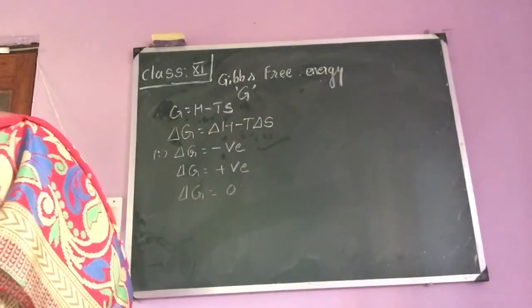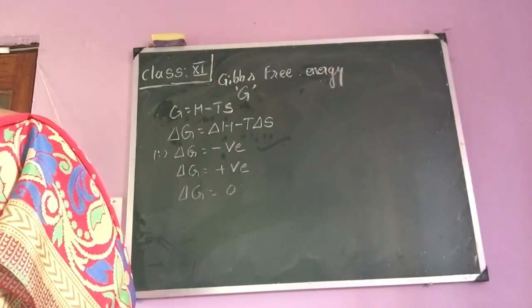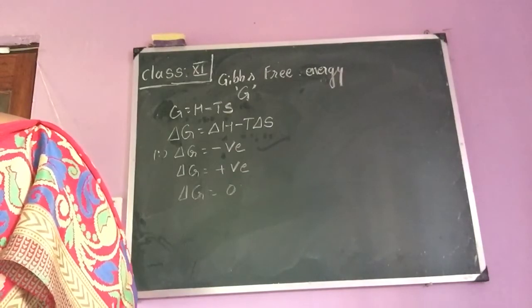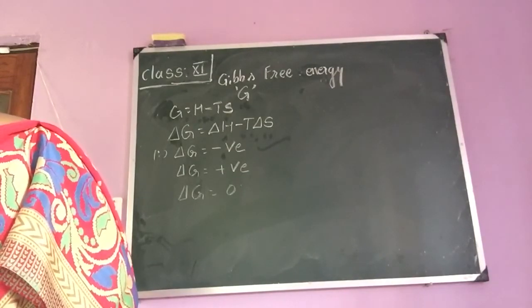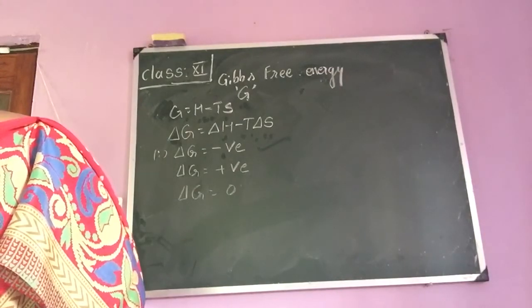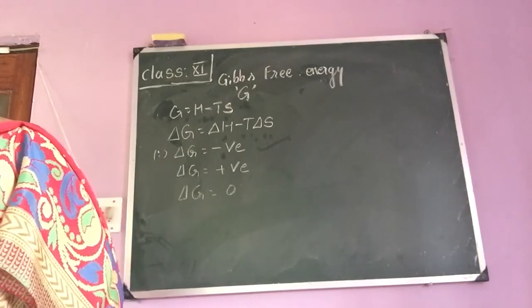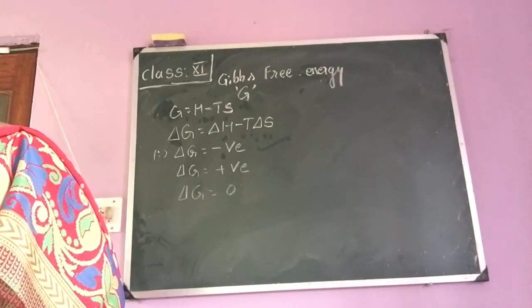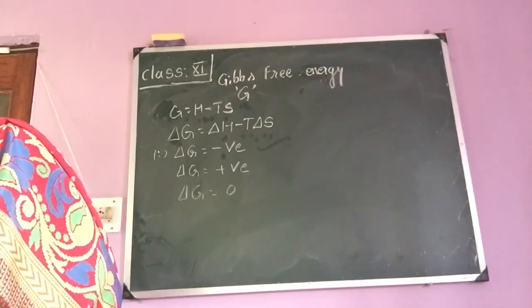The standard Gibbs energy change of reaction is the Gibbs energy change when all the reactants and products are in their standard conditions. Now, like the standard enthalpy of formation of an element, the standard Gibbs energy change of an element in the standard state is assumed to be 0.